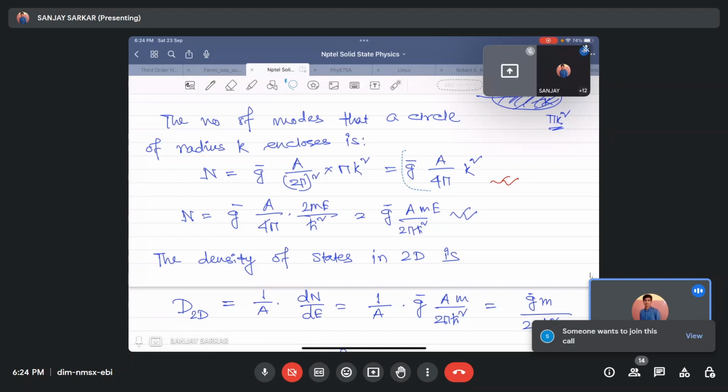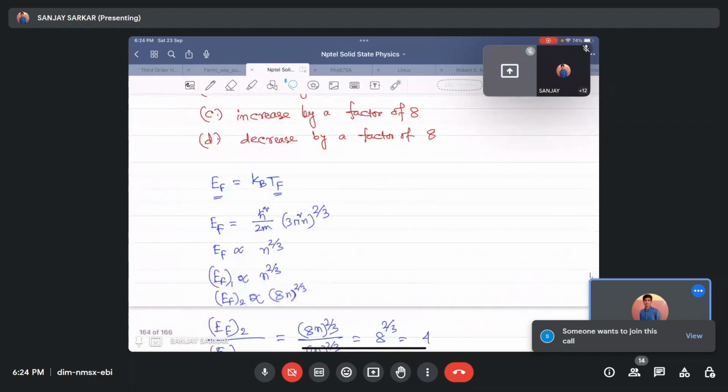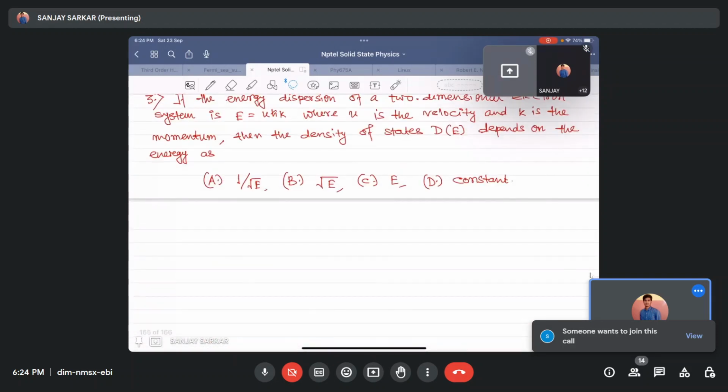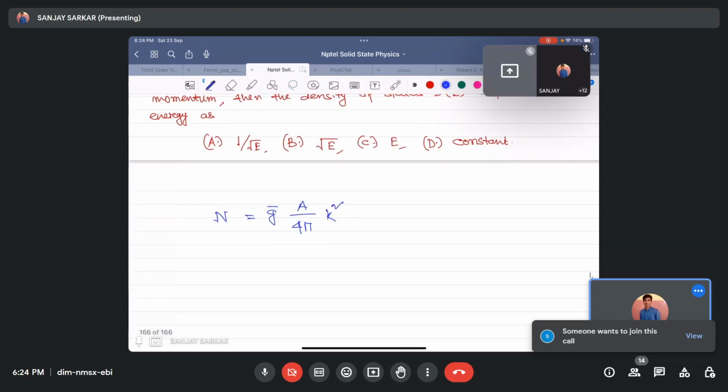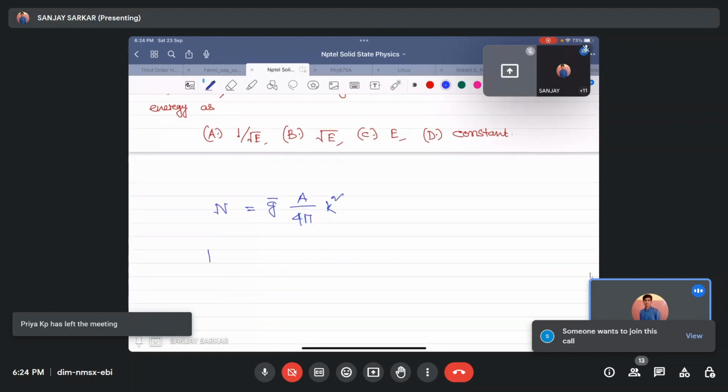This will not change. So if I copy this for 2D, the total number of modes n equals this. Now the energy dispersion is given as E equal to u h bar k.